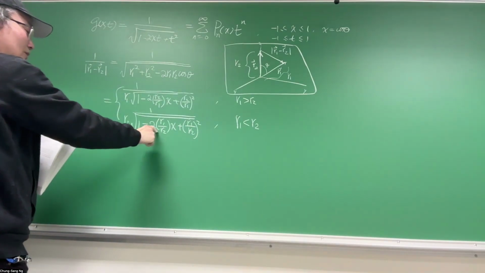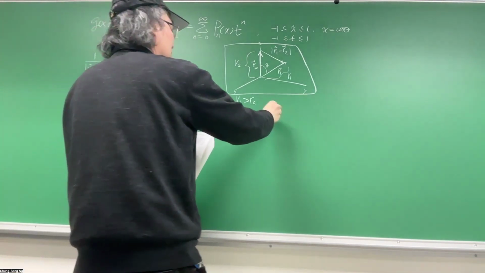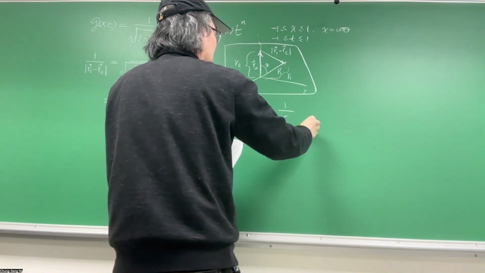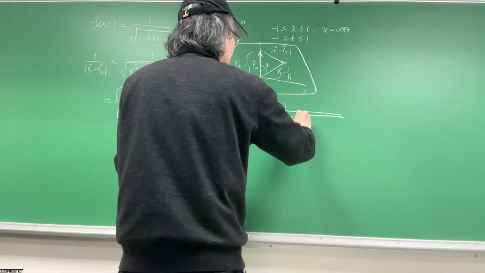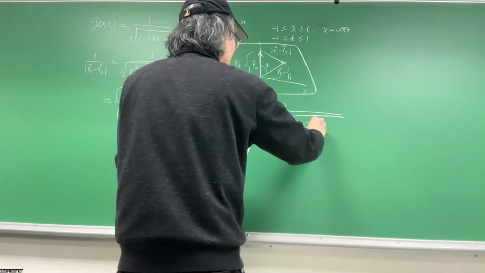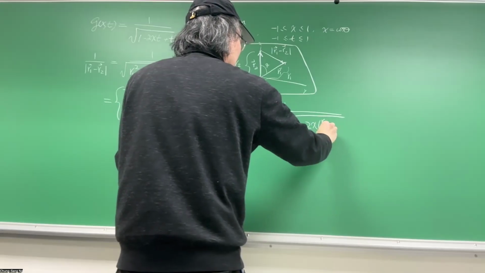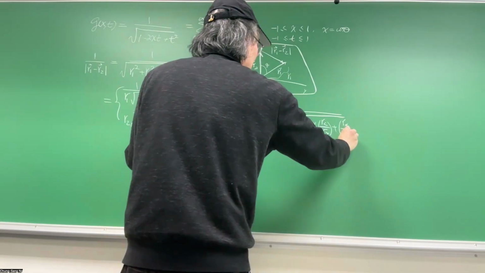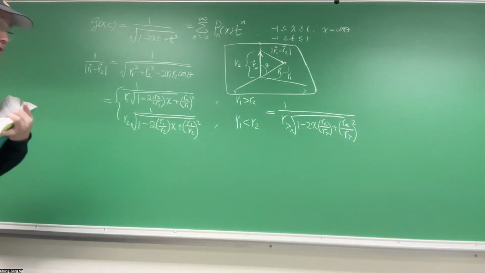And this ratio is also the smaller one divided by the larger one. So you combine these two and write one of R larger, then 1 minus 2x R smaller over R larger, plus R smaller over R larger squared. Okay, so this is just notation.